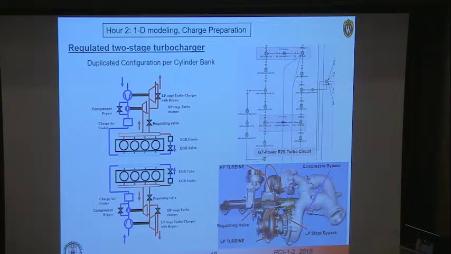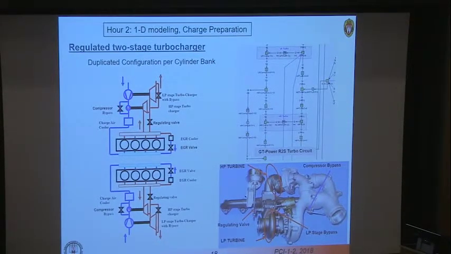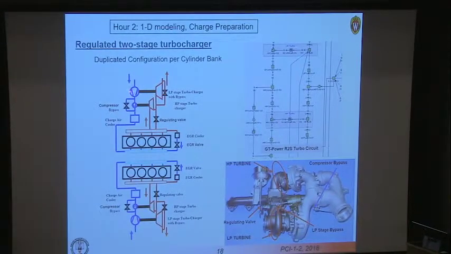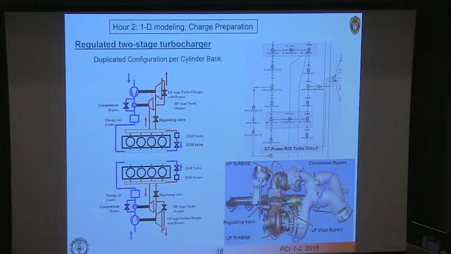So you have basically 4 rotating components with regulating valves and bypass valves to control just how much of the exhaust energy is used to compress the gases. Maybe at low speeds, idle, you don't need to have the high-pressure stage running, or the low-pressure stage, whatever.